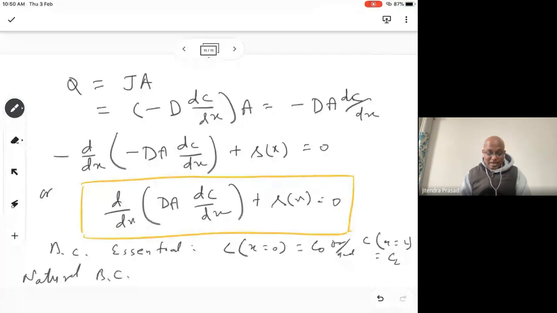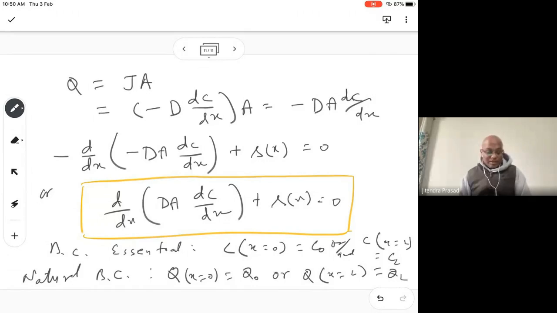In that case you give the Q value: Q at x equal to 0 equal to Q naught, or Q at x equal to L equal to QL. So you can give that. The rest, you have to solve the same way. So if you have to find the weak formulation for this strong form, you can do it the same way as we have done for others, right? For the 1D elasticity problem.